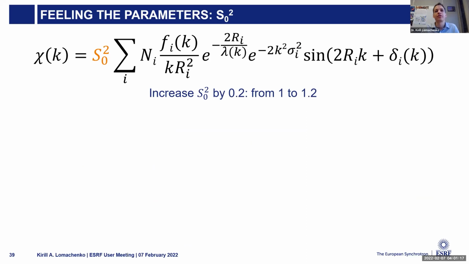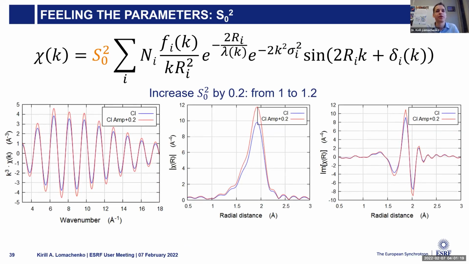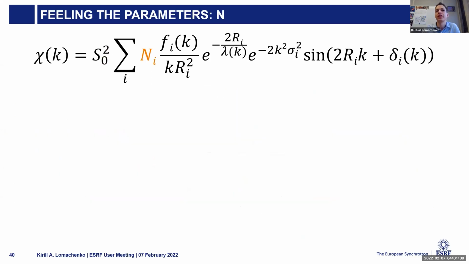That's S0 squared. If we change it by 20%, since it's just a scaling factor here, we see a uniform change of amplitude. So the whole signal gets increased by 20%. And let's do the same with coordination numbers.